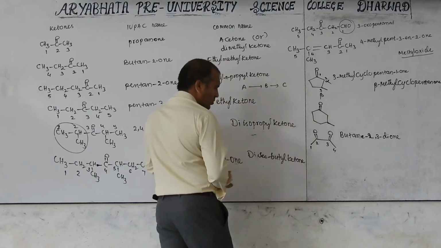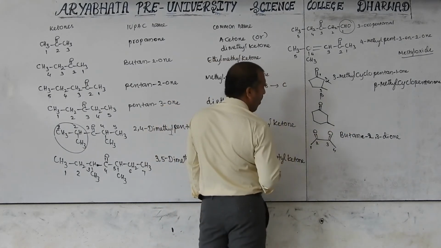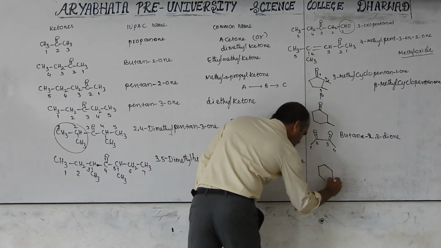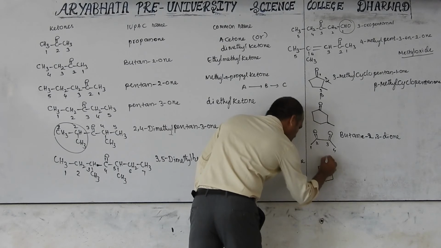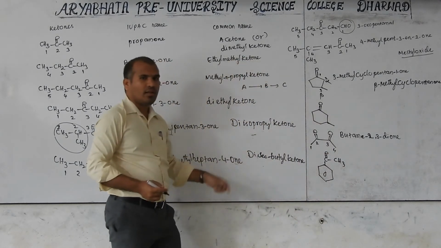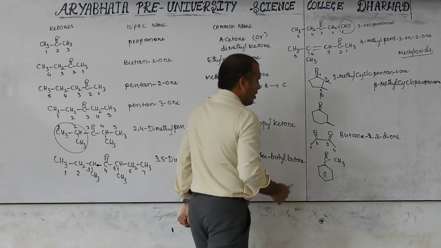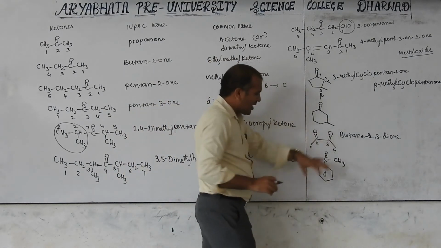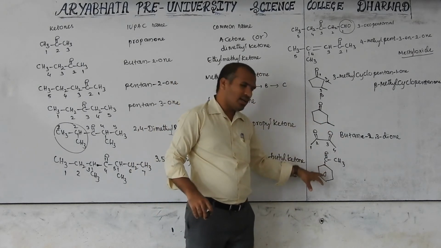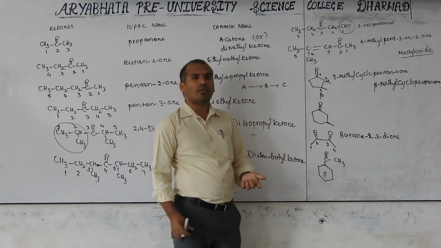Next, one more. We know that this type of functional group is aromatic. All these are aliphatic. Now come to the aromatic part. When acyl group is bonded, rules we already discussed. When acyl group is bonded to the benzene ring, it is called phenone.